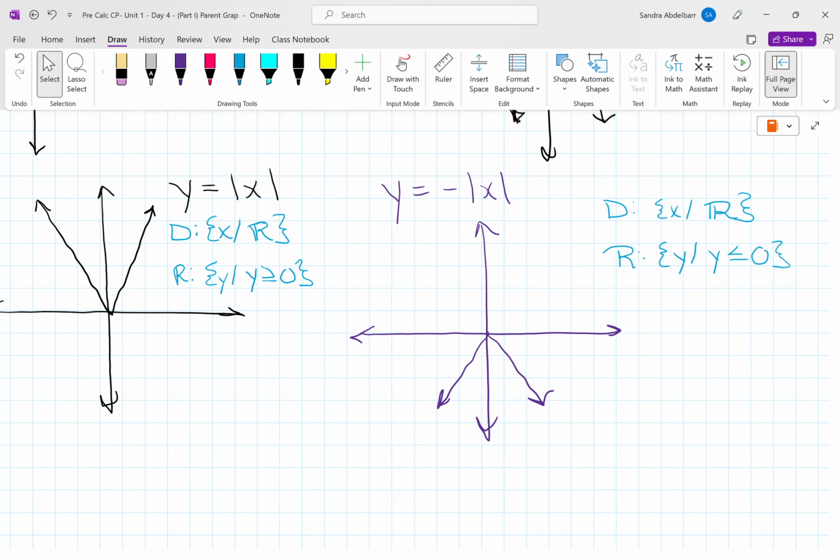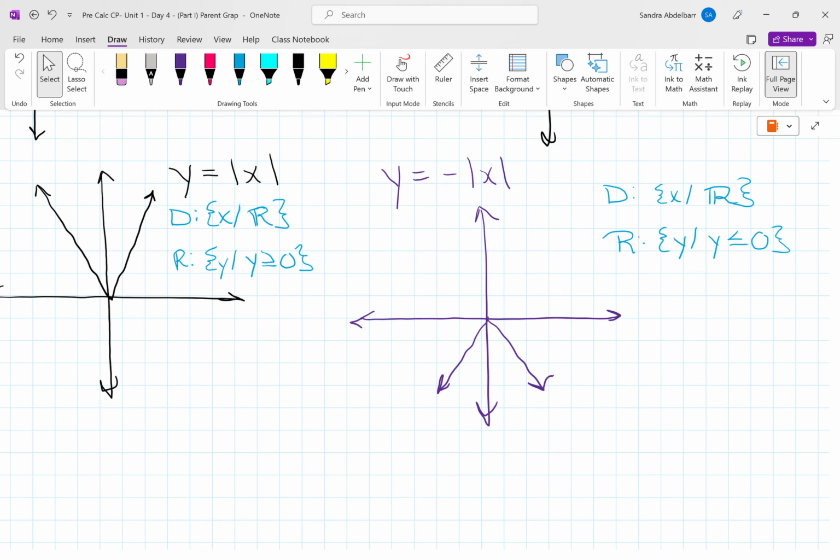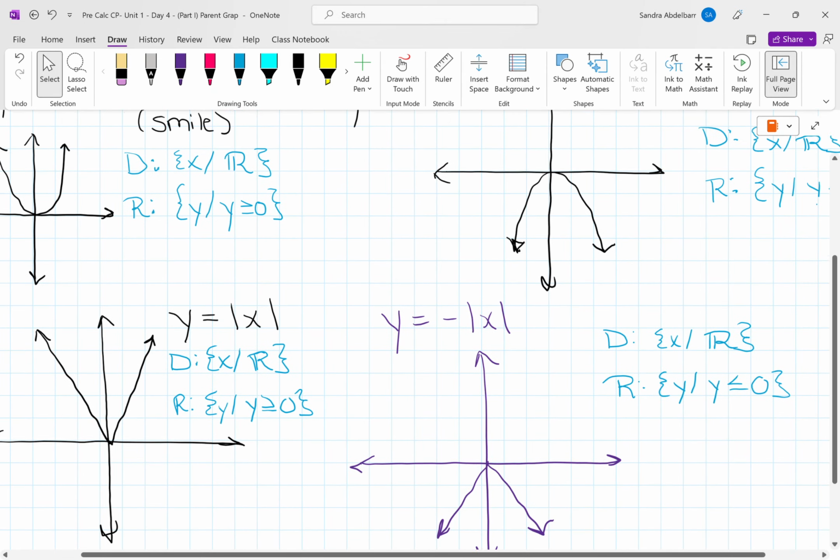So far, those are the two parent graphs, the parabola and the absolute value. Let's go to our third one.